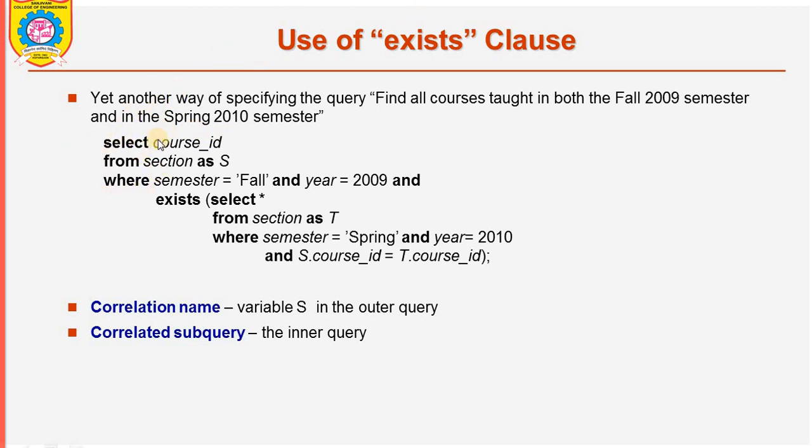From the second record it will take a course_id based on fall 2009. That course_id will again come into the subquery and be checked with the course_id of the inner query. If it does not match, that means that course_id is only for fall 2009 but not spring 2010. Hence exists will return false and that course_id will not be displayed in the output relation.